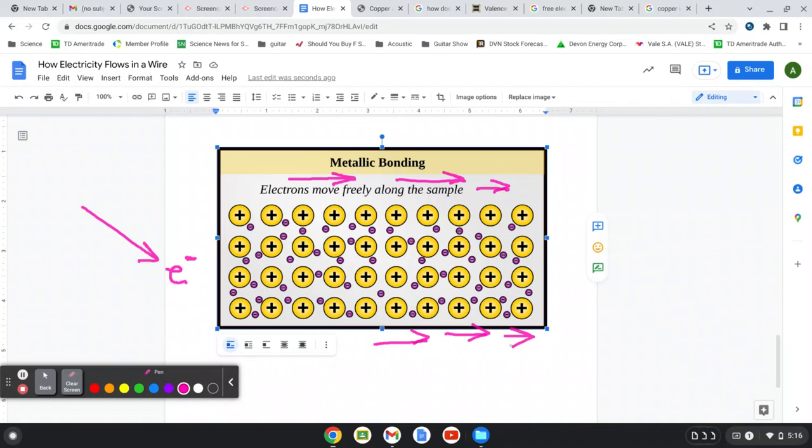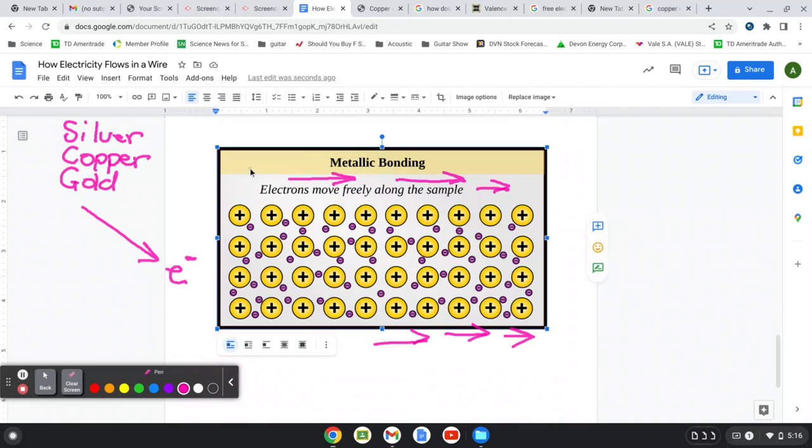So let's sum this up now. We talked about the types of conductors there are. We know that silver is the best. Then copper is second, and we're using copper today because it's more affordable. Then gold, and then of course aluminum or aluminium.